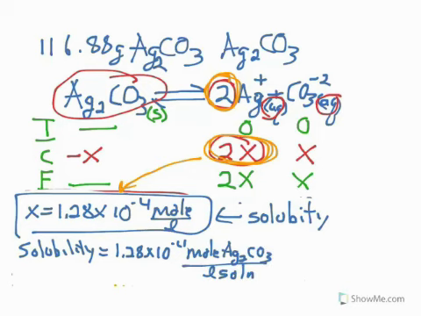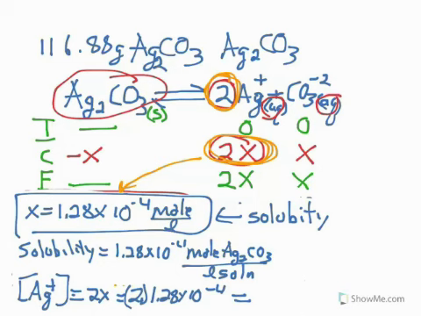The concentration of silver plus will be equal to 2x, which is equal to 1.28 times 10 to the minus fourth times 2, which is equal to 2.56 times 10 to the minus fourth moles of silver plus per liter of solution.